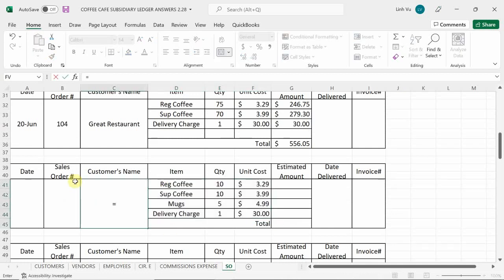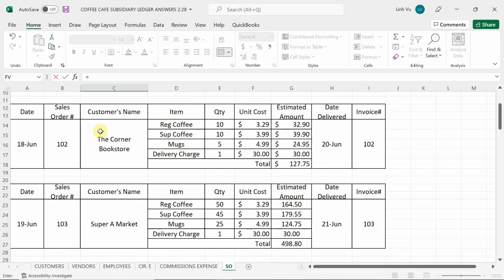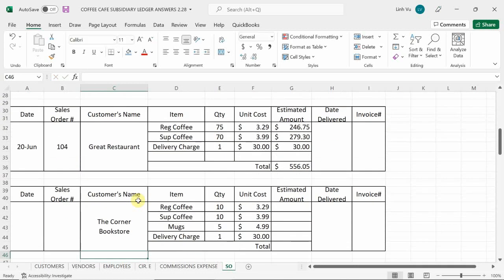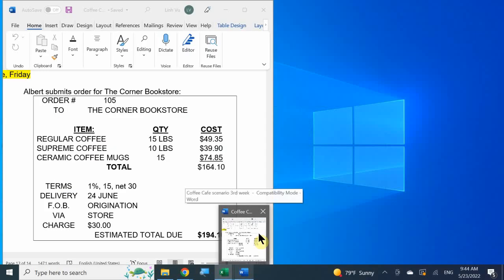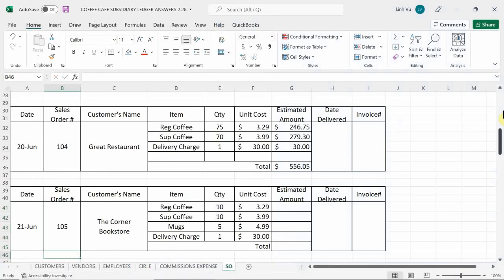Right, we're selling to the corner bookstore. Okay. Today is the 21st. Okay, sales order number 105.